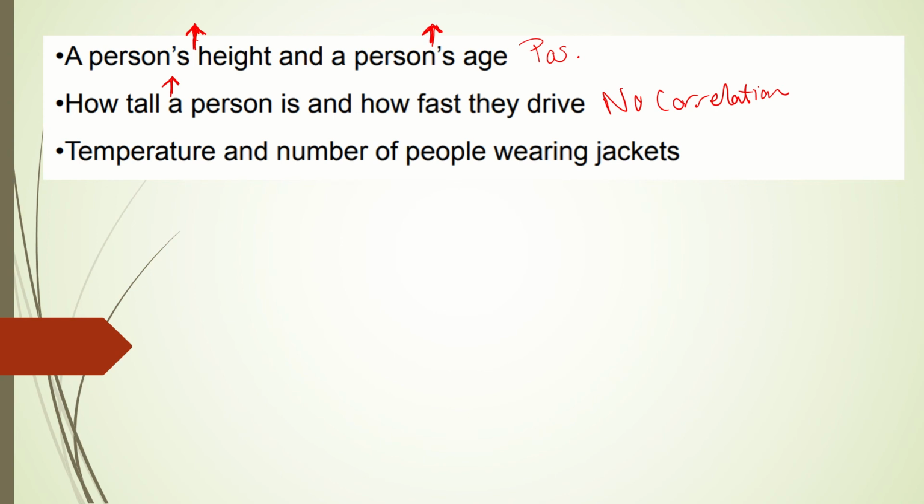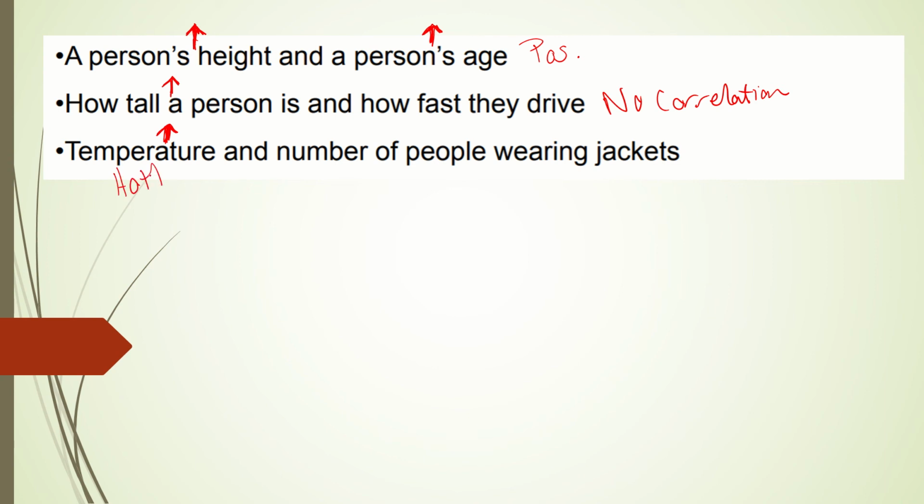And the last one that we're going to look at here, temperature and the number of people wearing jackets. I want you to try this for a second. I'll give you a moment. Now I'm going to ask you a question. As temperature increases, think, is it getting colder or hotter as temperature increases?